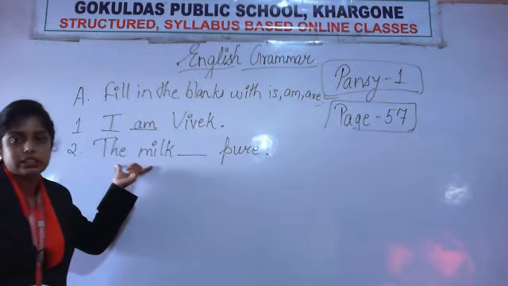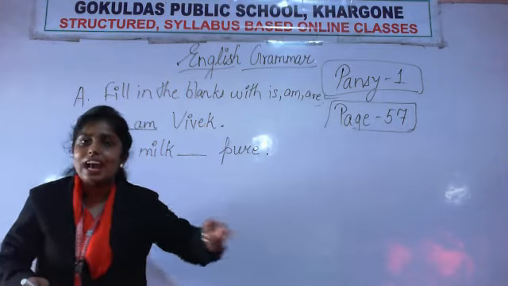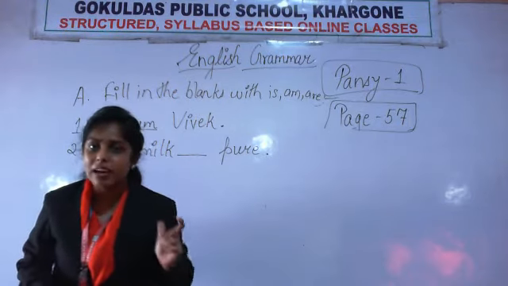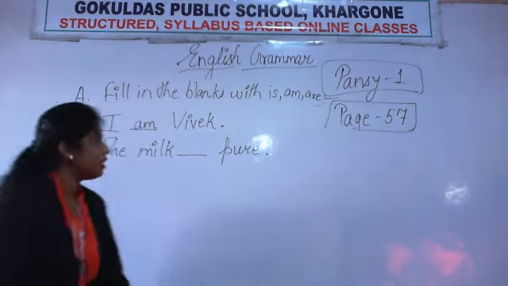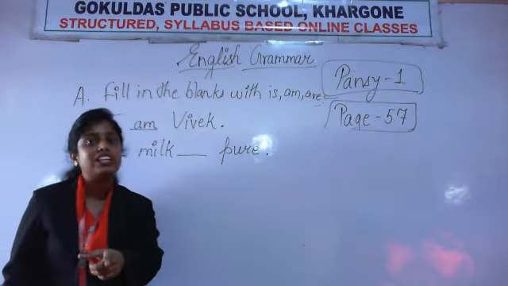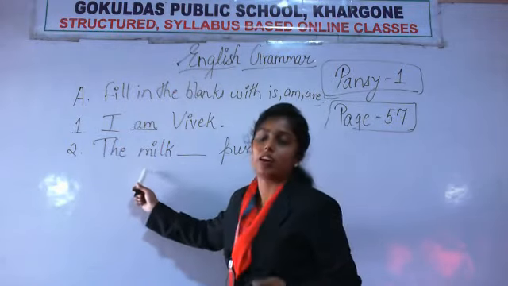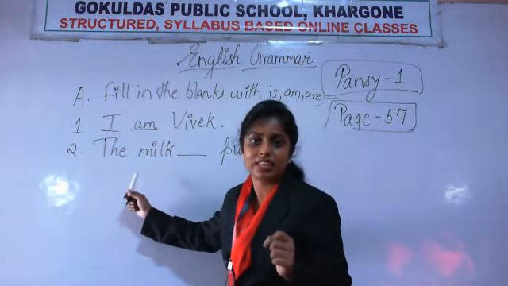Here the milk. अभी फिर आ गई पुरानी बातें. कौन सी बातें? काउंटेबल अनकाउंटेबल नाउन पढ़ा था हमने. Of course we had studied. Milk is what? Countable noun or uncountable noun? Can you count milk? No. So the milk comes under uncountable nouns. ठीक है.